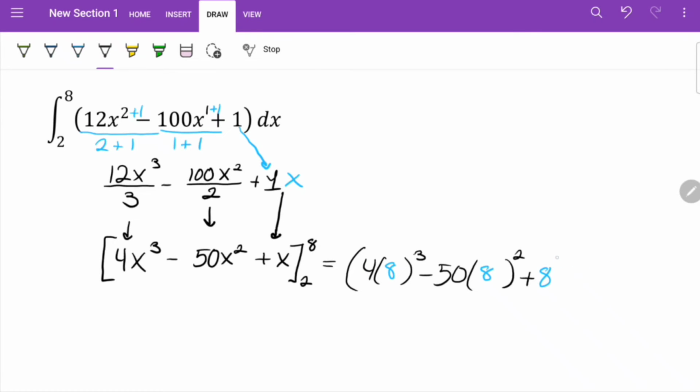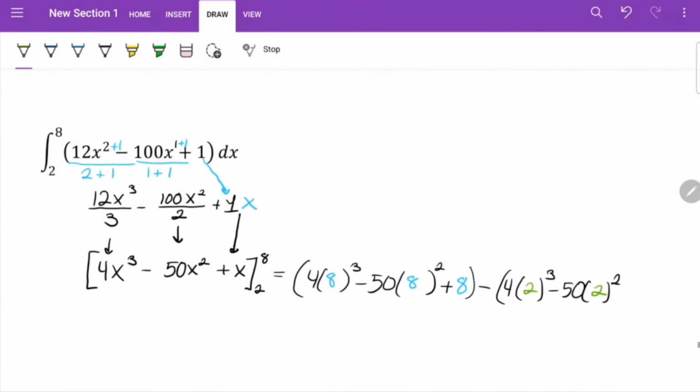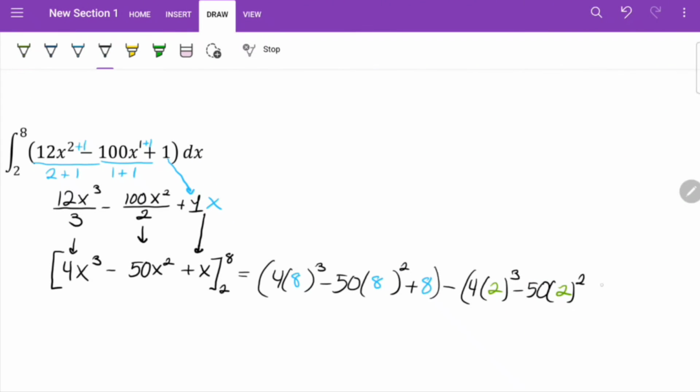Close that parenthesis up. Then you're going to subtract that from when you're plugging 2 into your function. So 4 times 2 to the power of 3 minus 50 times 2 squared plus 2.